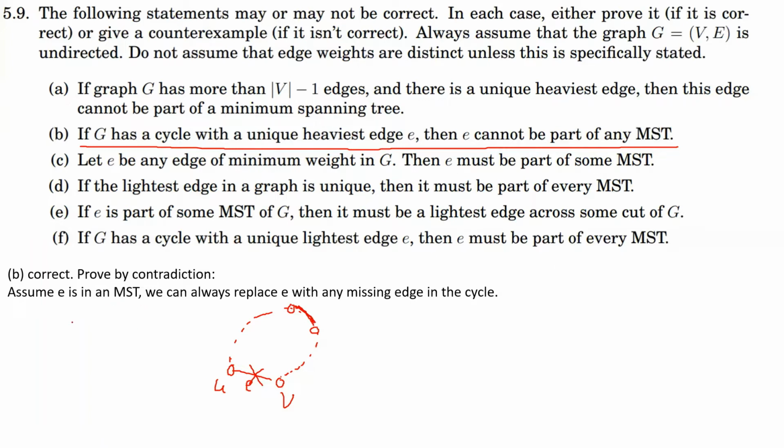So this means your assumption is incorrect. E is not in the MST, because if you can obtain a smaller spanning tree, it means your original MST is not an MST. So your assumption leads to a contradiction.